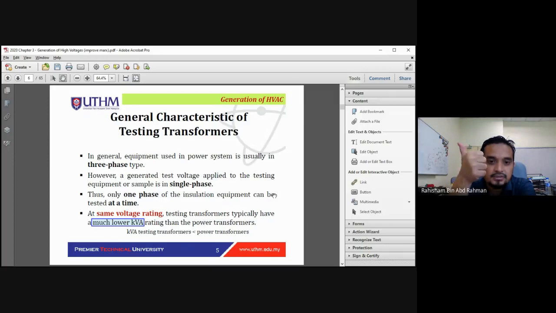There are two main categories of transformers. One is the testing transformer, and the other one is the power transformer. What are the differences between a testing transformer and a power transformer? You need to identify those based on your reading here.